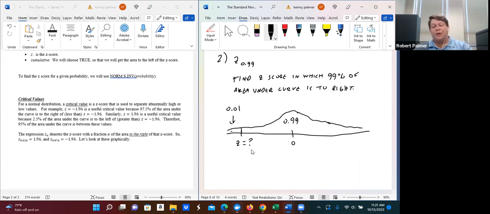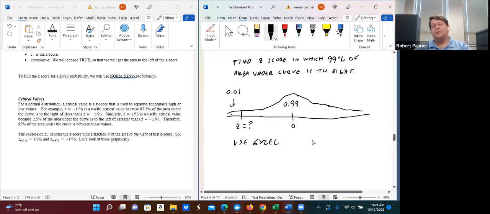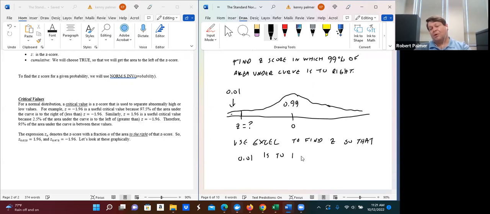Now, what we can do is use the table or Excel. Let's just use Excel here. We're going to use the same function we used a minute ago, essentially the inverse, to find z so that 0.01 is to the left.